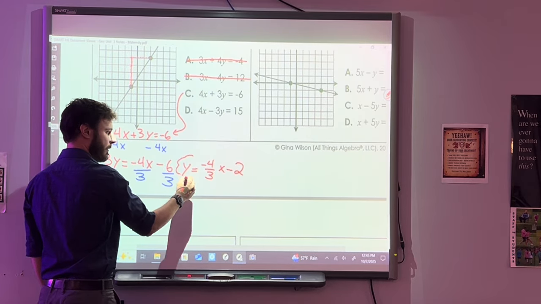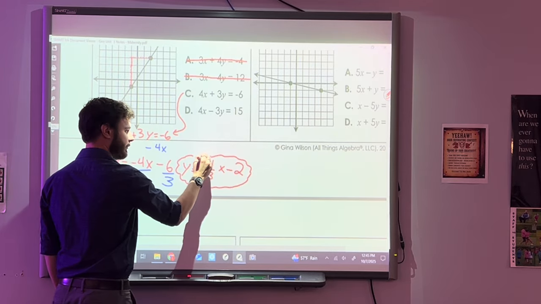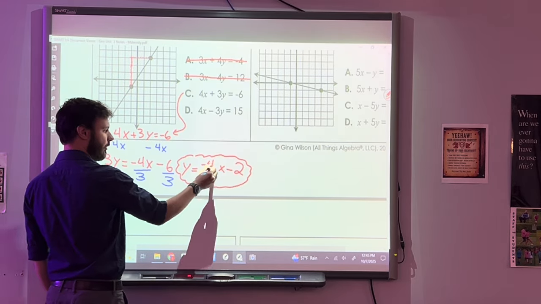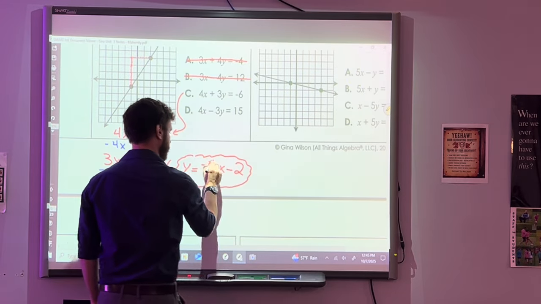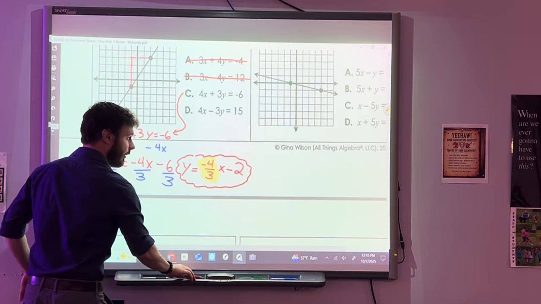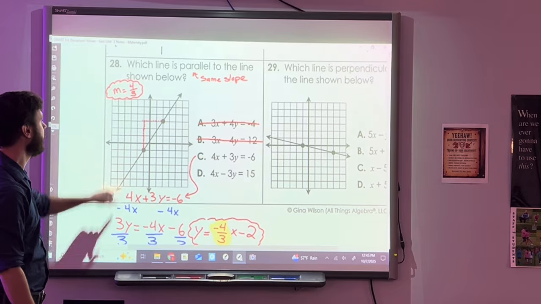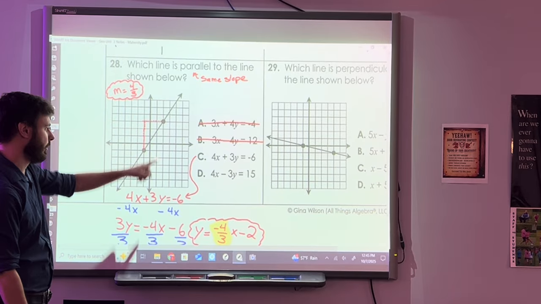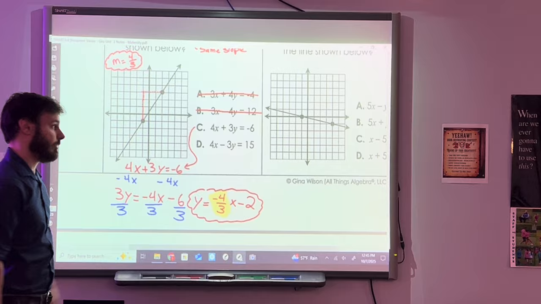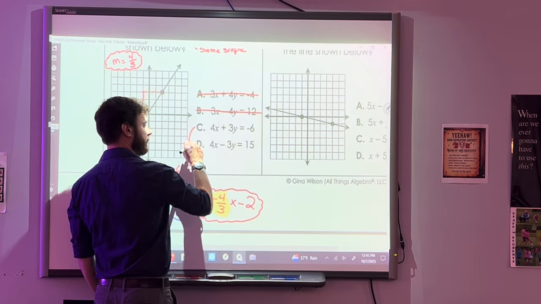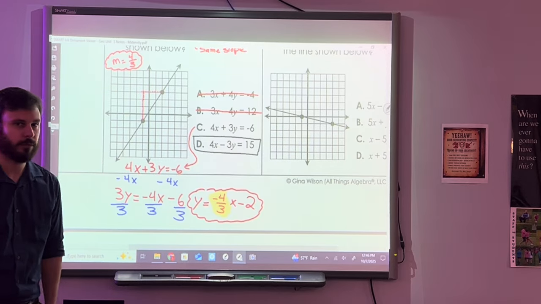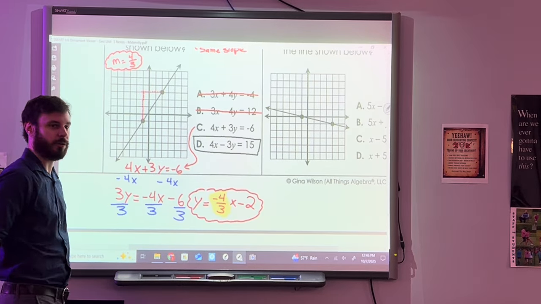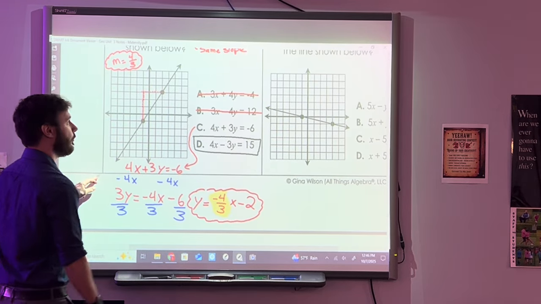The slope of this line is -4 over 3. I wanted +4 over 3. So it's not C, which means by default it has to be D. And I bet if you want, you can transform that one, and you'll see that that works.